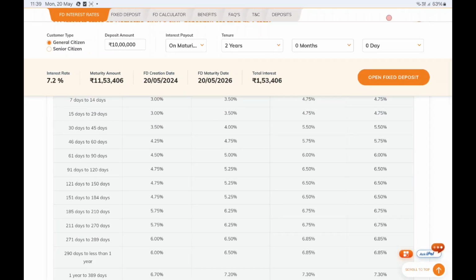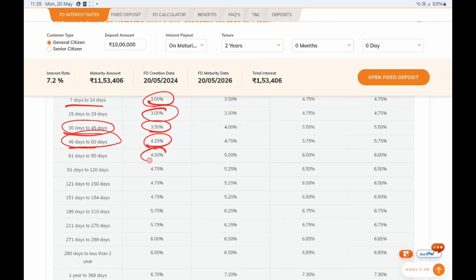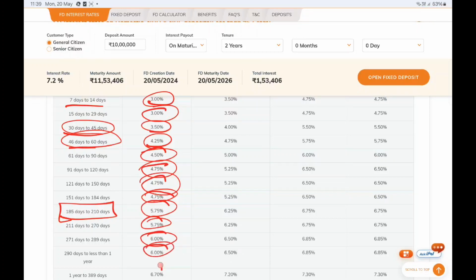Suppose I want to make a fixed deposit of 10 lakhs. For less than 14 days they'll pay me 3%, up to less than 30 days 3%, 30 to 45 days 3.5, 45 to 60 days 4.25, 4.5, 4.75, 5.75, and then 6, 6.7 if it is more than 1 year.